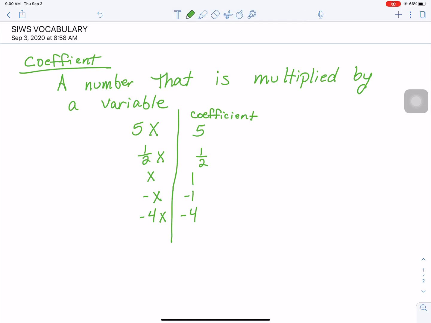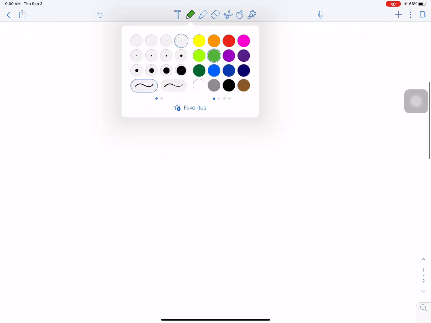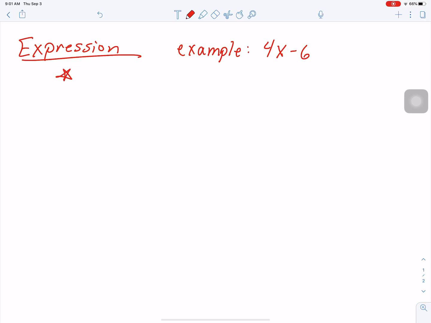In your notebook, you're going to turn to the letter E and write in our next word, which is expression. So I'm going to give you an example first of an expression. 4x minus 6. It does not have an equal sign.